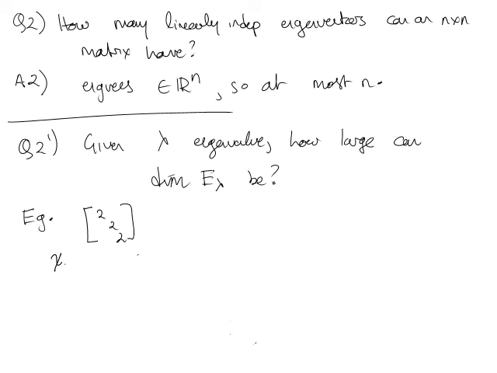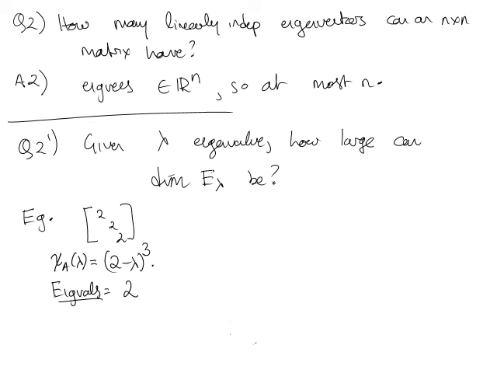The characteristic polynomial of this matrix, well, it's the determinant of the matrix with 2 minus lambdas on the diagonal entries. And the determinant of a diagonal matrix is just the product of the entries, so it's just (2 minus lambda) cubed. So eigenvalues, well, there's only one, it's just 2.